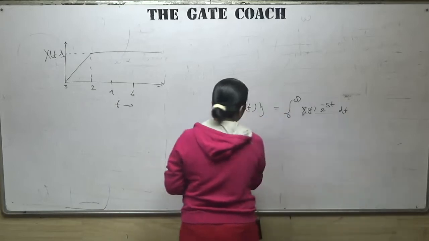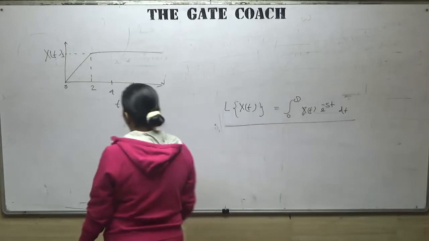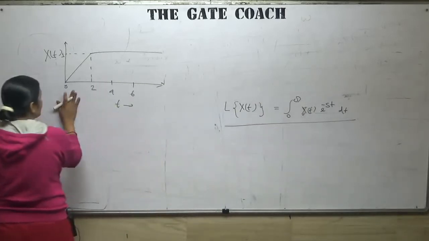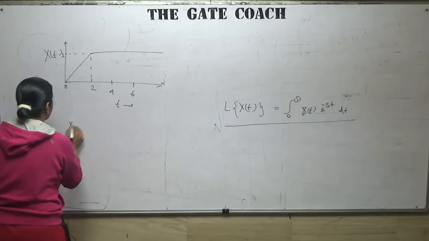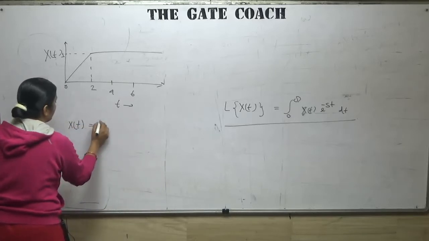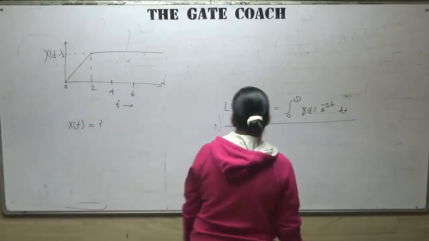That we have defined. This is the Laplace transform of any function, right? Given to us is the graph, so we have to calculate from the graph what is x of t. What is x of t?